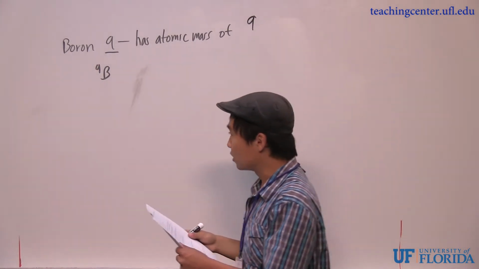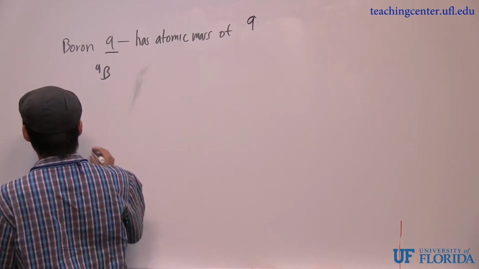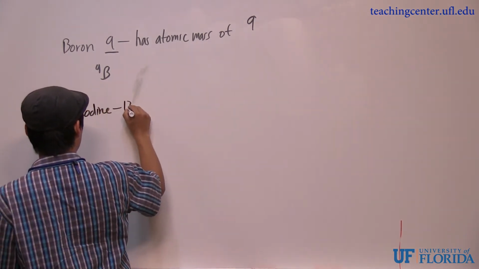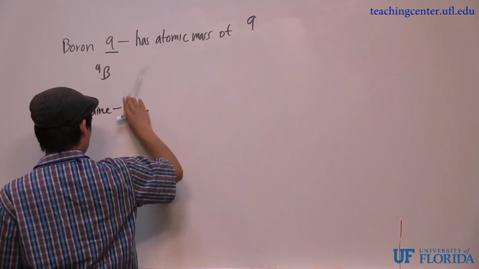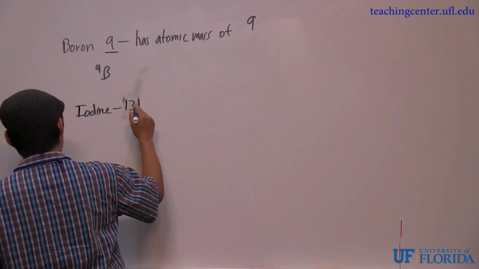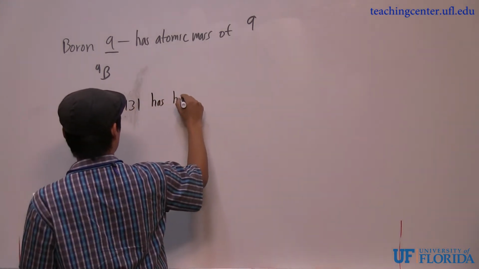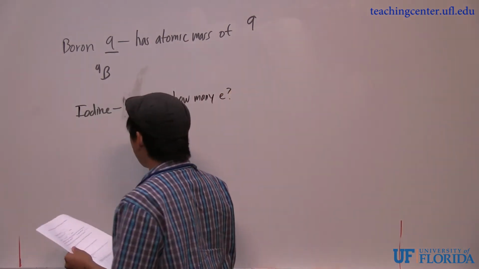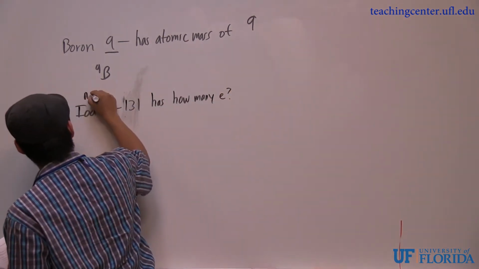Secondly, let's do the next one. A neutral atom of iodine, iodine 131, has how many electrons? Well, we also know this is neutral.